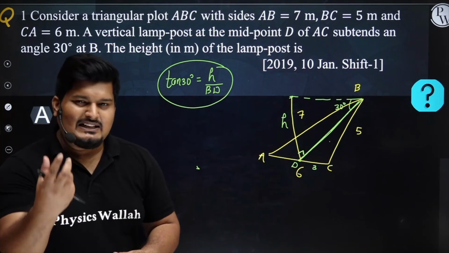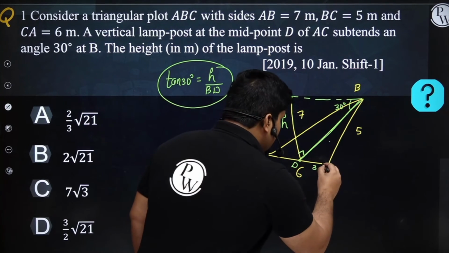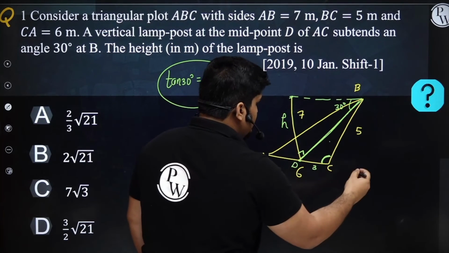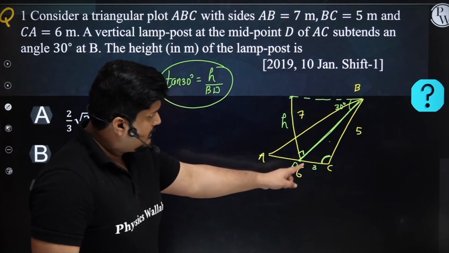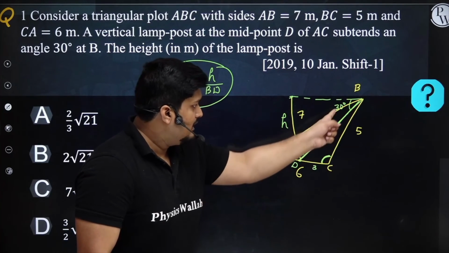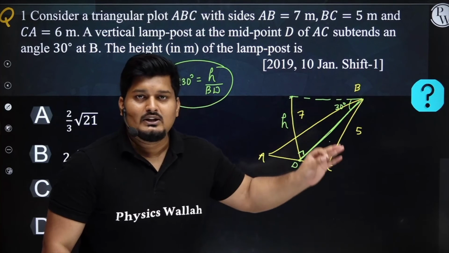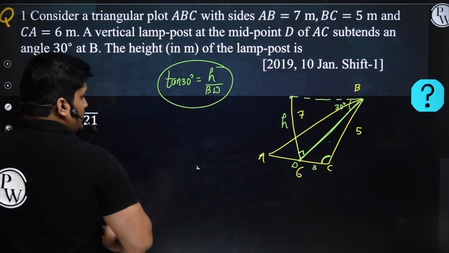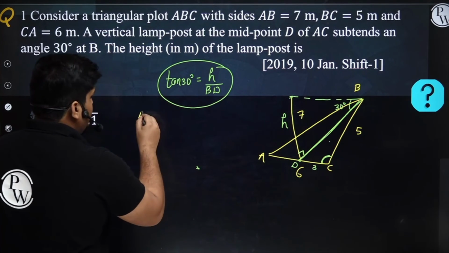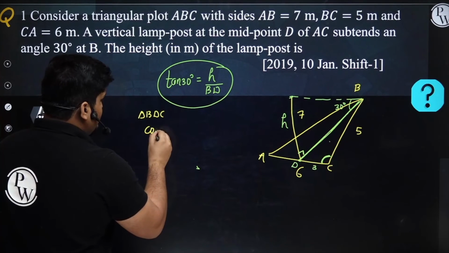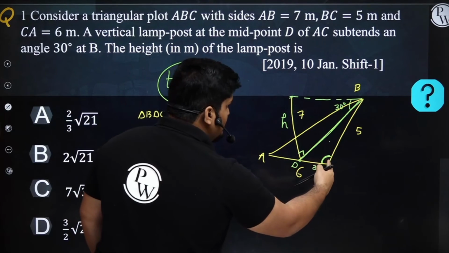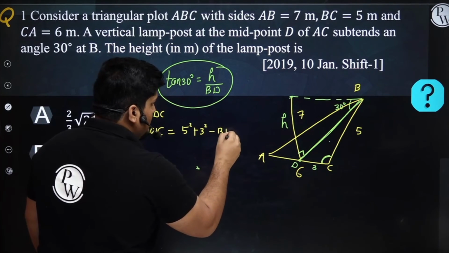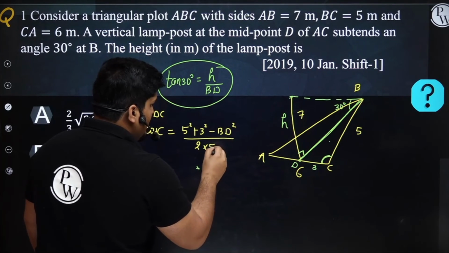If you do slight hard work here, we'll use the cosine rule in triangle BDC and triangle BAC. In triangle BDC, cos C will be equal to 5 square plus 3 square minus BD square divided by twice of 5 into 3.